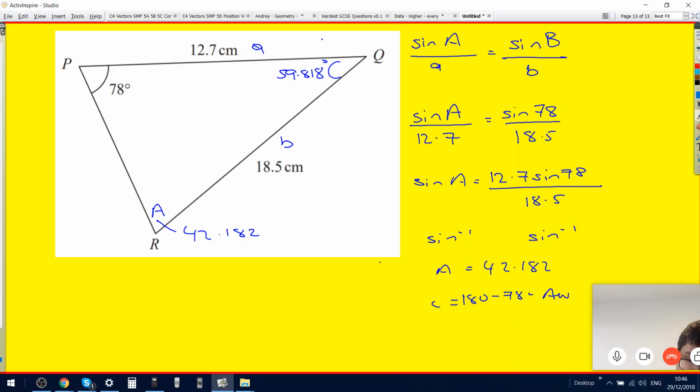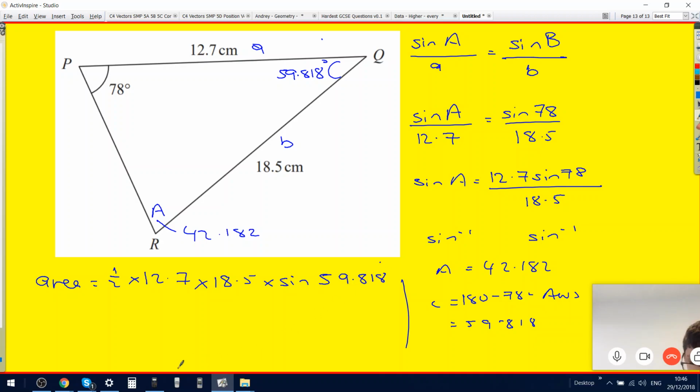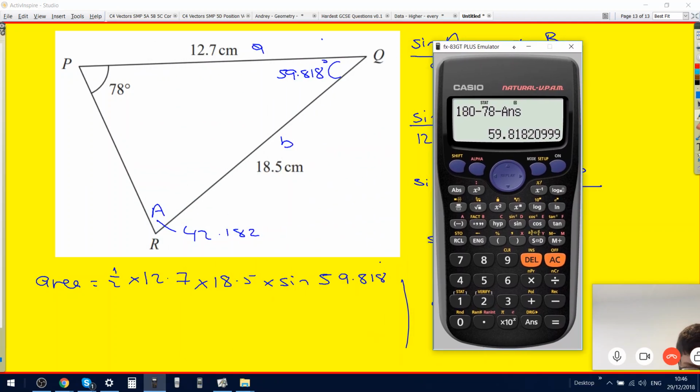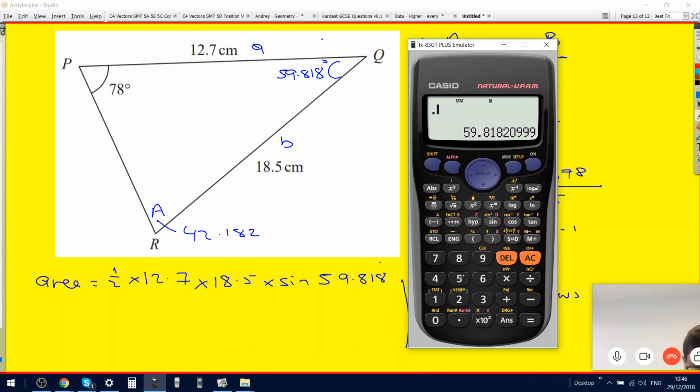So we do a half times 12.7 times 18.5 times sine 59.818. And the final answer to 3 sig fig.